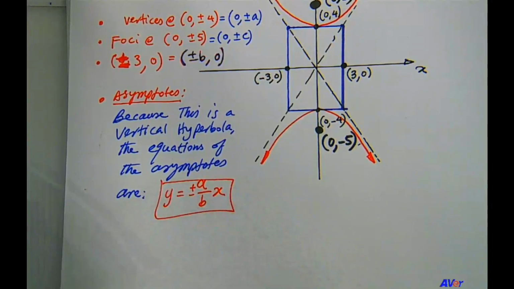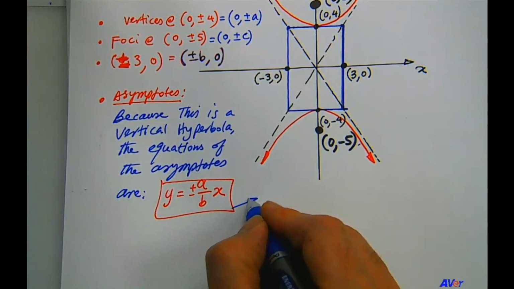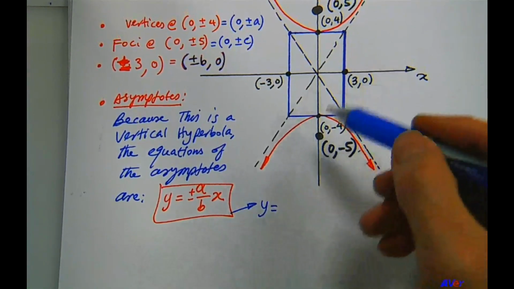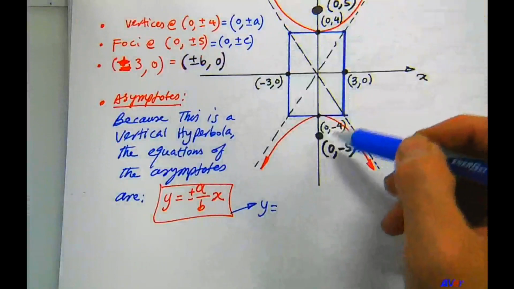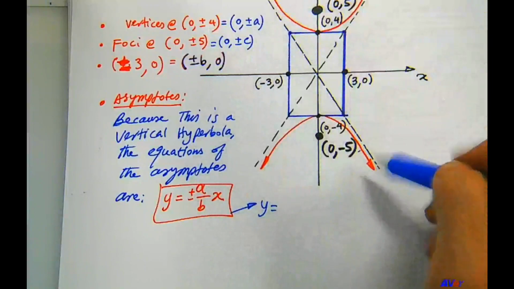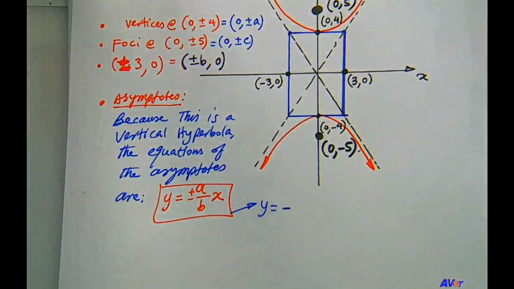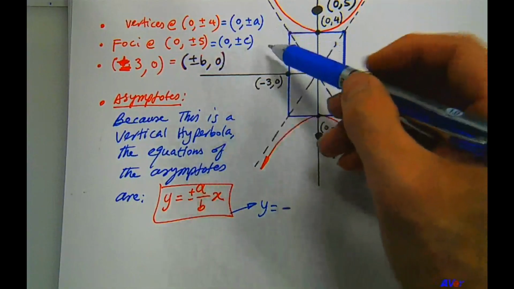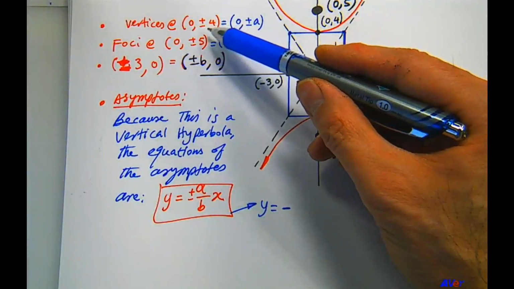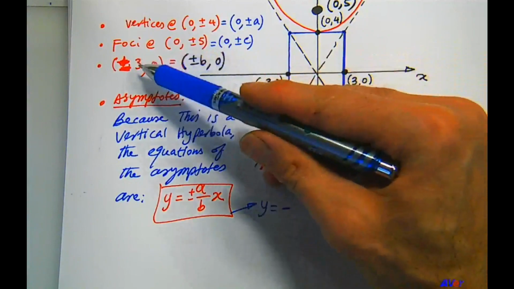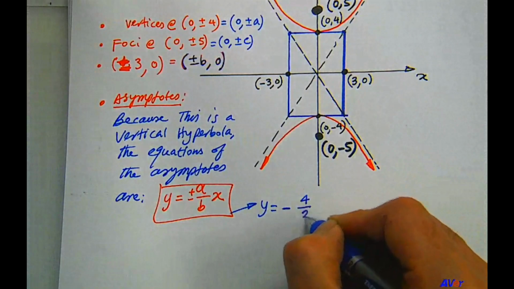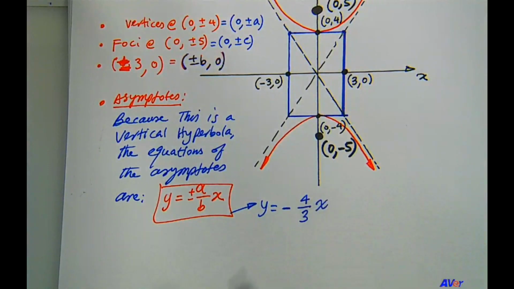From here, one equation will be the one going downhill. The asymptote that is going downhill from left to right has to be the one with the negative slope. And a here is 4, divided by b, which is 3. So minus 4 over 3 x.